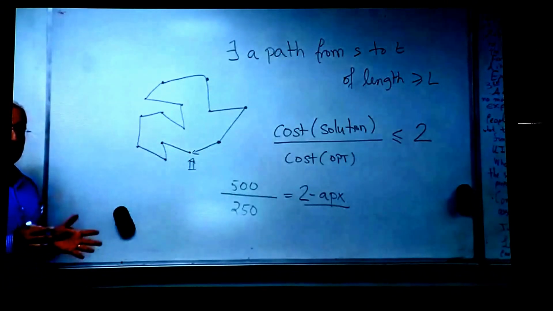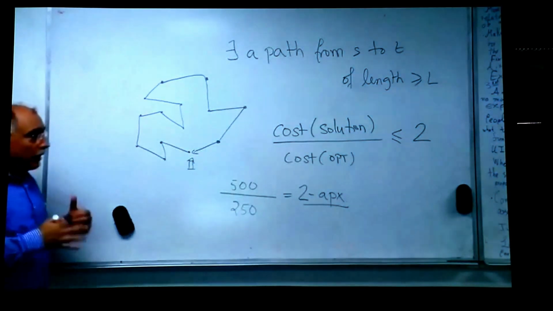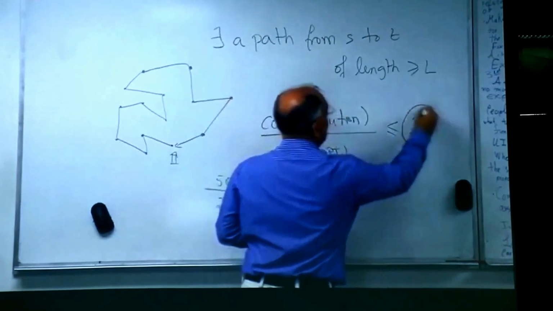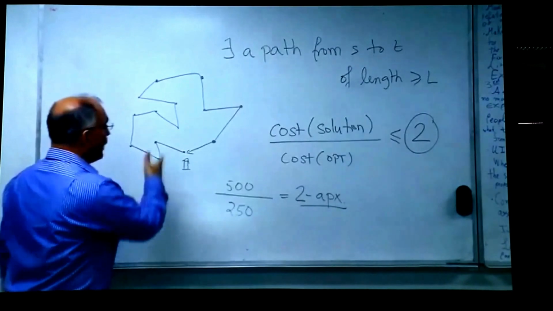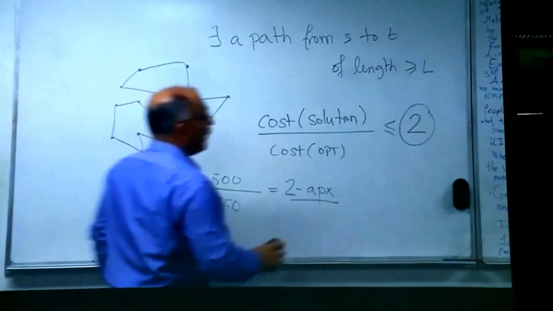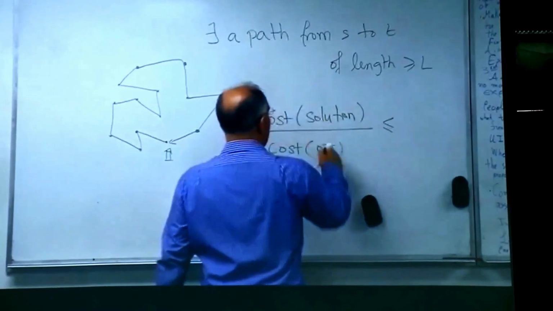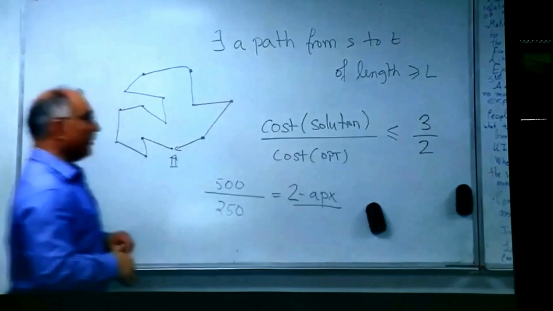It could be that the optimum cost is even 99, and the solution we found is cost 100, but we don't know that for sure. But it comes with a guarantee, right? And the whole goal is that I want to be able to improve this bound of 2 as much as I can. So for example, in the traveling salesman problem, I will next show you an algorithm where we are able to prove a guarantee that the cost of the solution is guaranteed to be no more than 1.5 times the optimum.